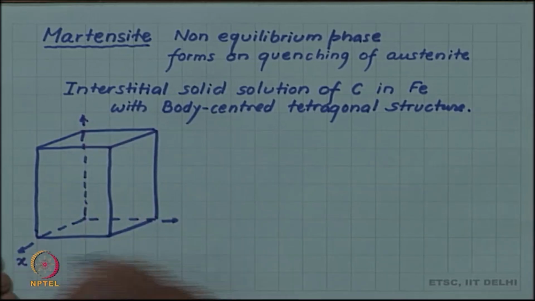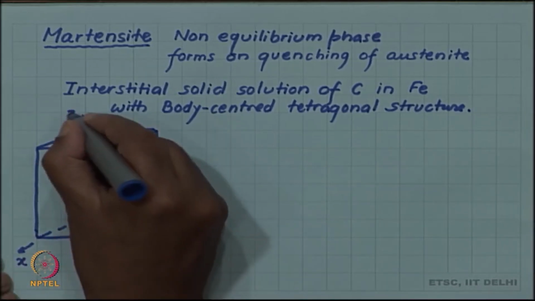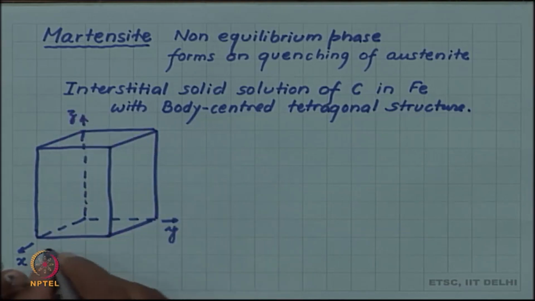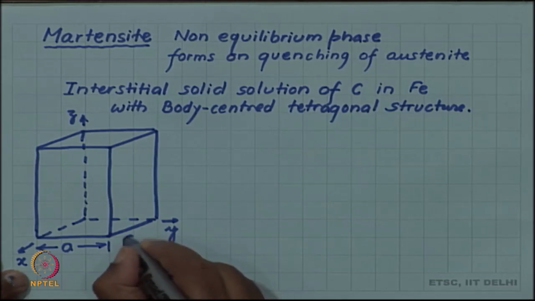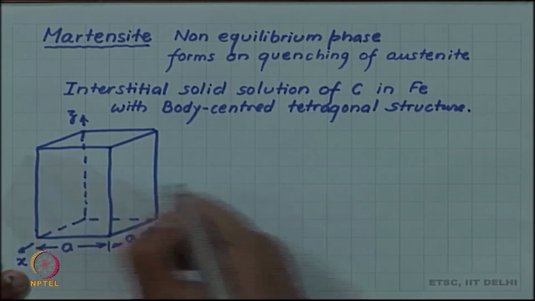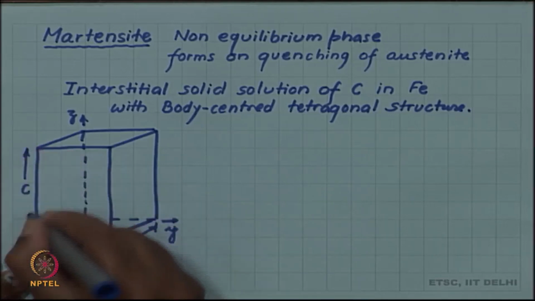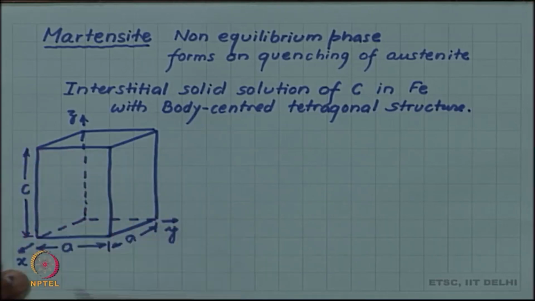So, the lengths along x and y, these are A, but the length along the z axis is C, and C is not equal to A. If C was equal to A, it would be cubic. C not equal to A gives us tetragonal.